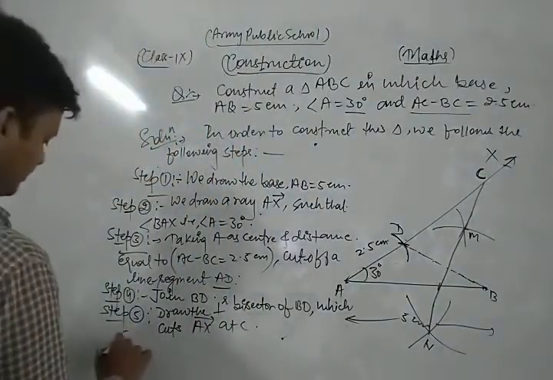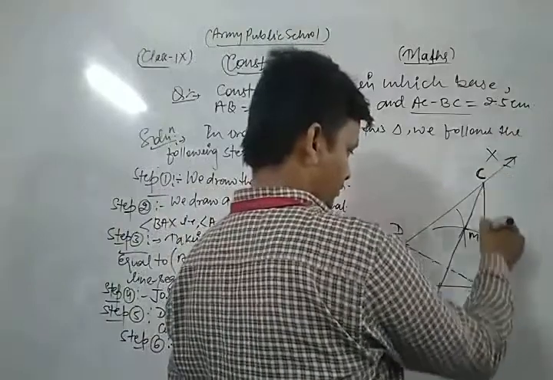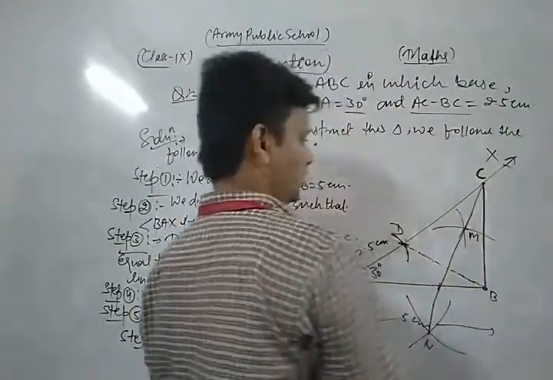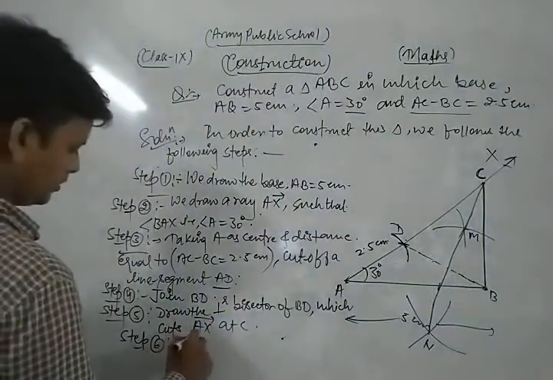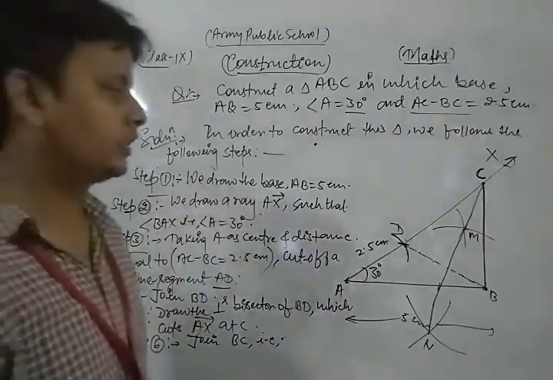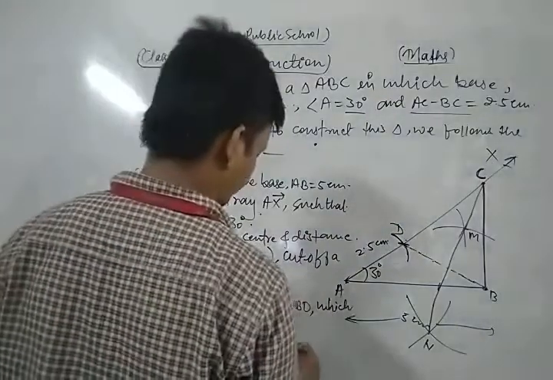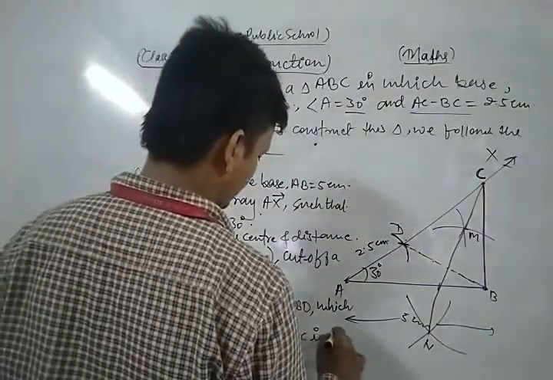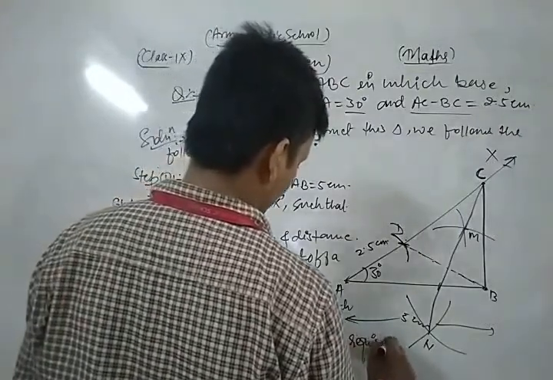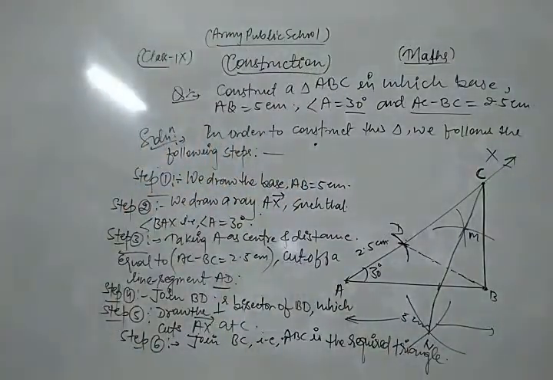Now in step 6, join BC. That is, dear friends, ABC is the required triangle.